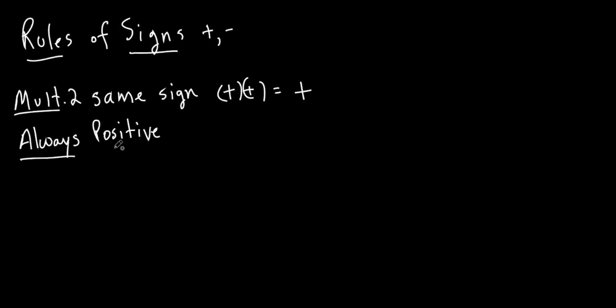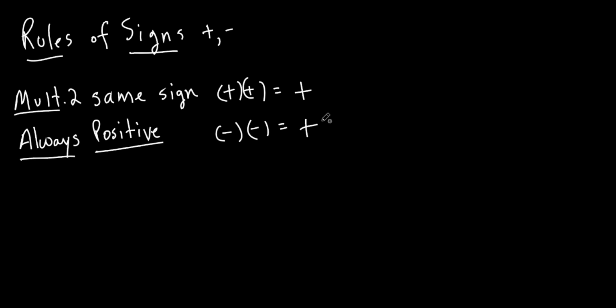After a while, it'll be so second nature to you, you won't even have to think about it. But if I have a positive times a positive, it's going to be positive. They're the same signs, right? They're both positive. What's your other possibility to have same signs? They're both what? Negative. If they're both negative and I multiply them together, what's your answer going to be? It's going to be a positive number, all right?